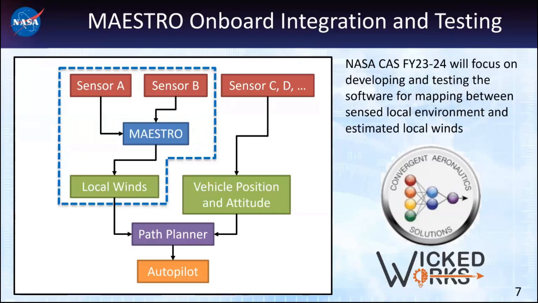So over the next 2 years, we're going to be focused on taking Maestro from the purely simulation world and putting it on some hardware, and going out and comparing the estimates that the Maestro system would make against measured local winds.